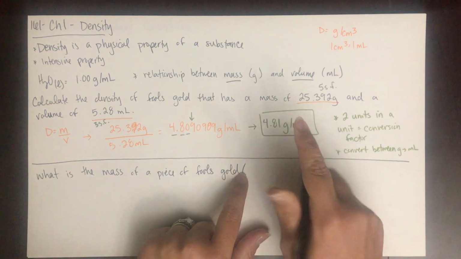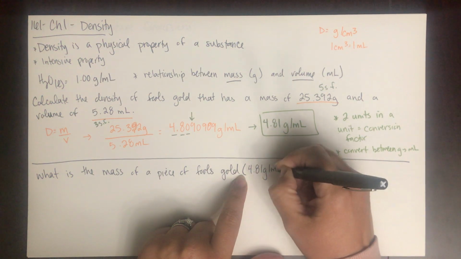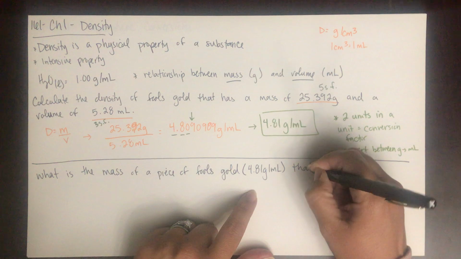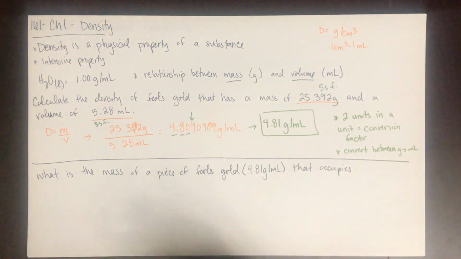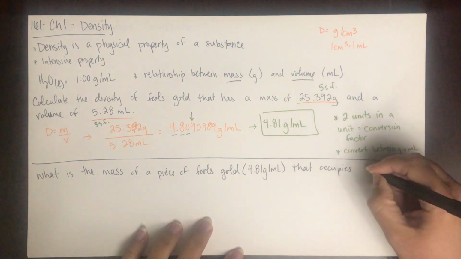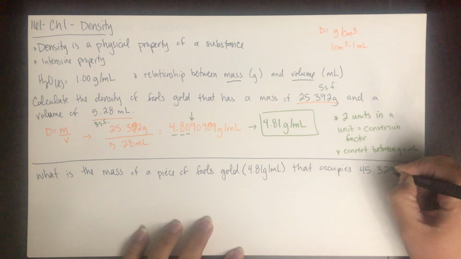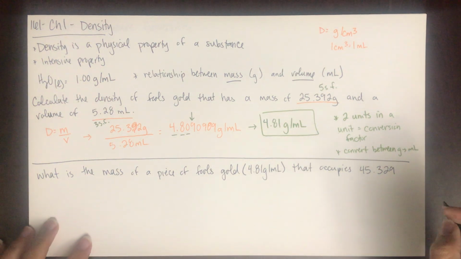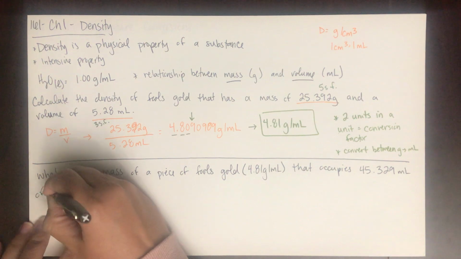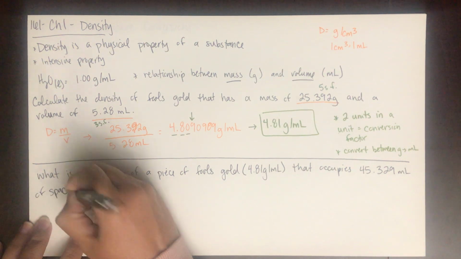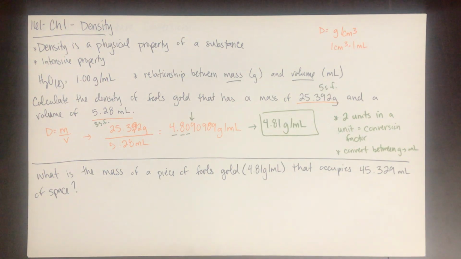And I'm just going to put the density here because we just calculated it, 4.81 grams per milliliter. That occupies, let's say 45.329 milliliters of space. So a volume, that's how much space something occupies.